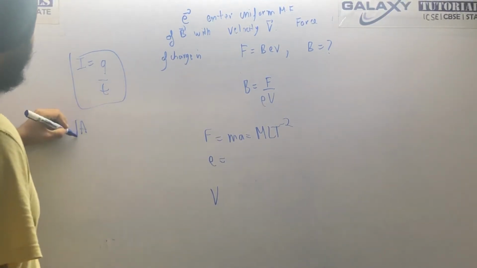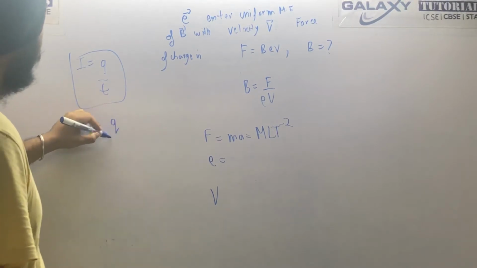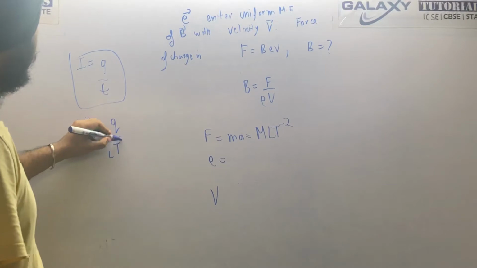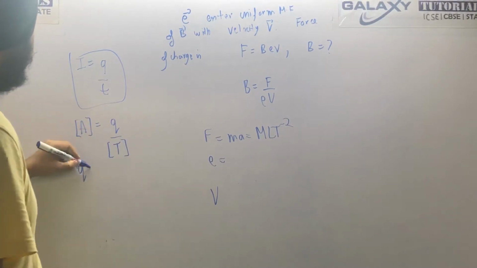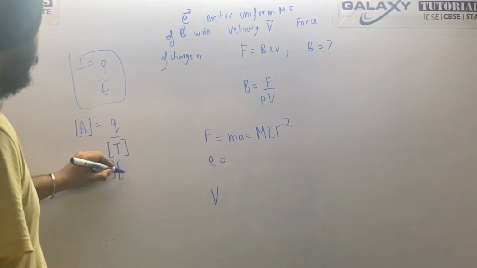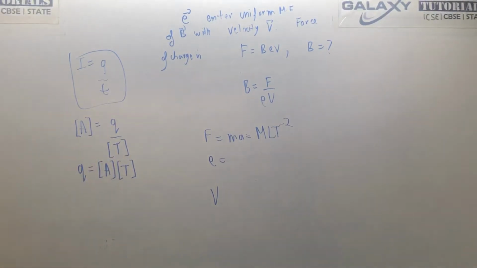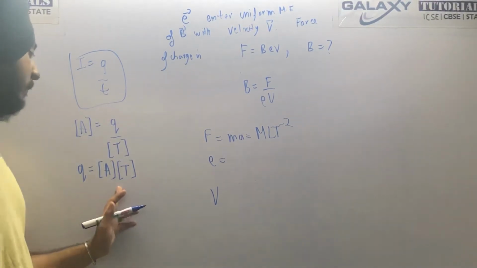So A, and this here is Q upon T. So Q is equal to A into T. Basically charge is equal to ampere into time.